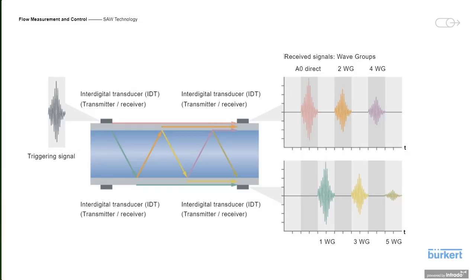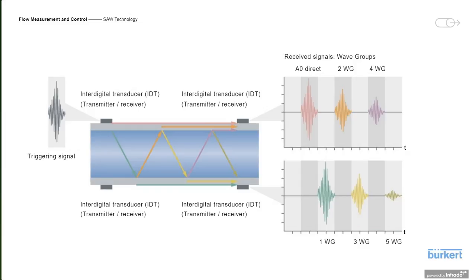And here we use that same phenomenon in acoustics with surface acoustic waves. And basically we get from one transmitting signal six received wave groups. And now you may wonder how we measure flow. For the flow measurement, we do a trick that we use on one pulse.